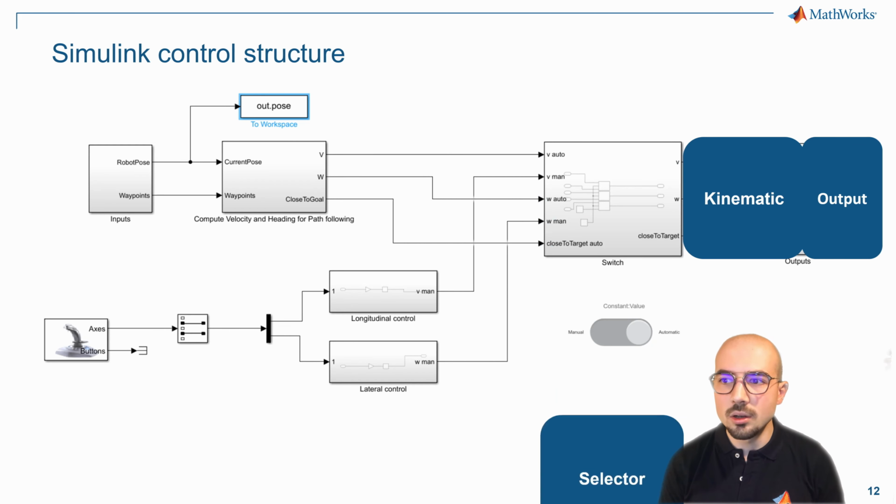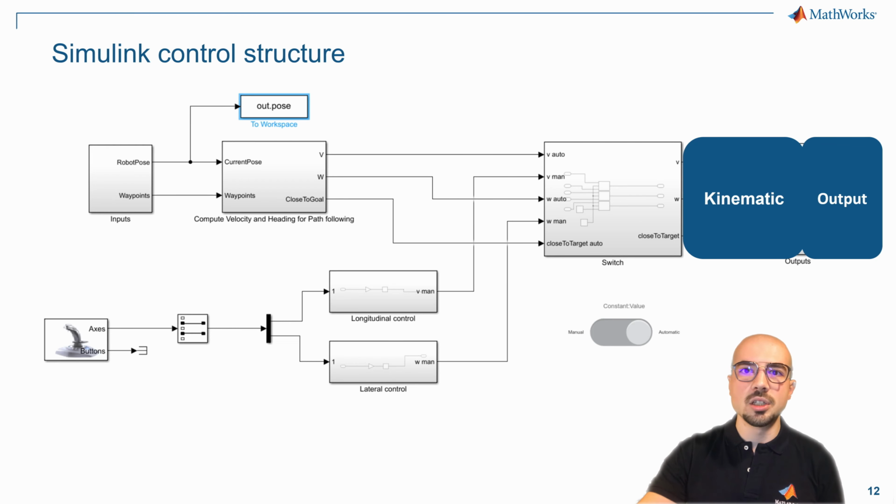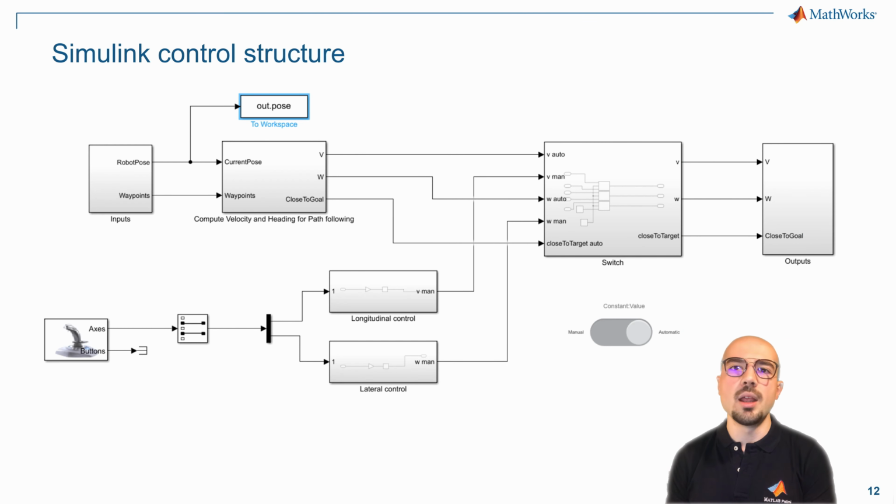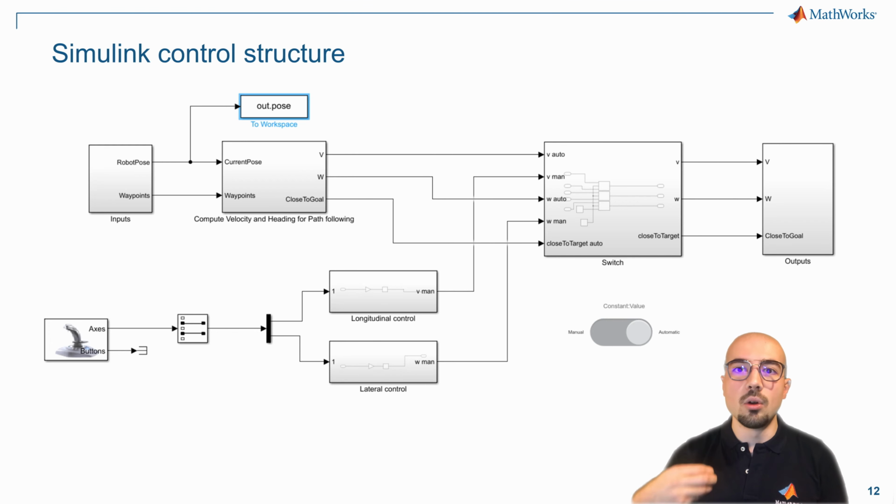Then we have the selector: through the switch that we can see, manual or automatic can be set, depending on whether we want the automatic or the manual commands. And then through the kinematics and the output we can generate the information that the robot will take to be able to move, so that the ROS environment loaded on the robot can collect it and translate it into some useful action.